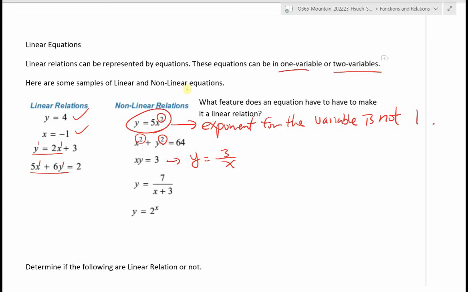However, if we move x to the top, this can be written as 3 times x to the negative 1. In that case, this exponent is no longer 1. So let me define that a little more: the exponent for a variable must be 1, and the variable must be in the numerator.